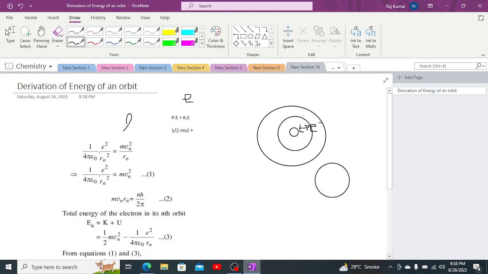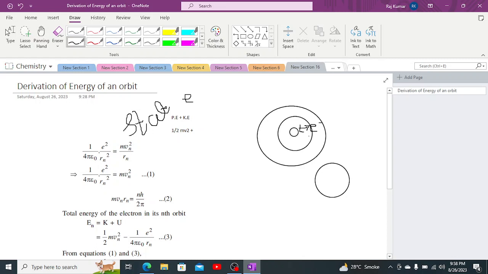Why is it called a stationary energy level? As we have studied in Neil Bohr's atomic model, it is called stationary energy level because it has a constant energy. It is not releasing energy, due to which it has a constant, stationary, same energy.